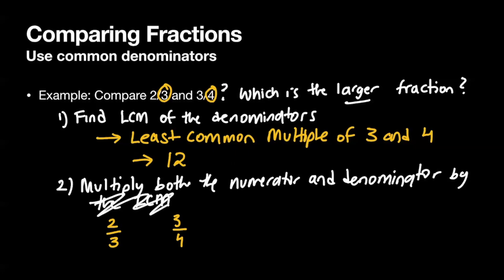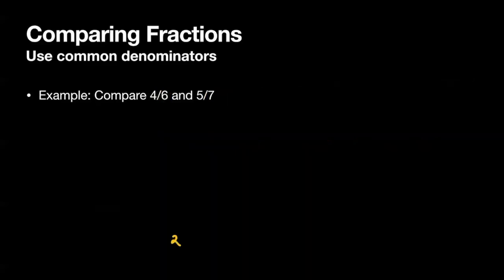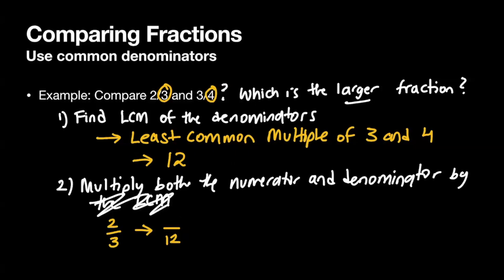How we do this is by taking the first fraction, 2 by 3, and we want the denominator to be 12, right? We want the denominator to be 12 because that is our least common multiple.